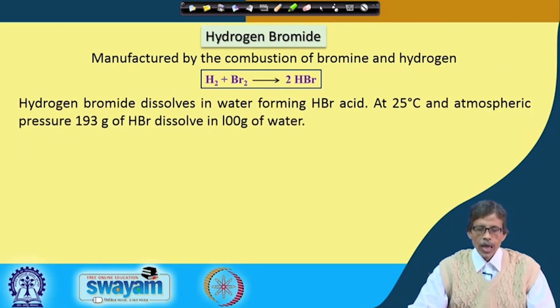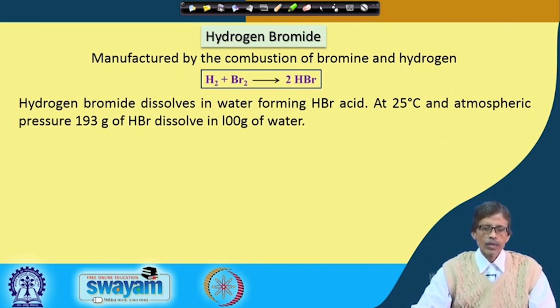This HBr dissolves in water forming hydrobromic acid, like your HCl. HCl we know is a gaseous thing which is solubilized in water, giving you hydrochloric acid in aqueous medium.